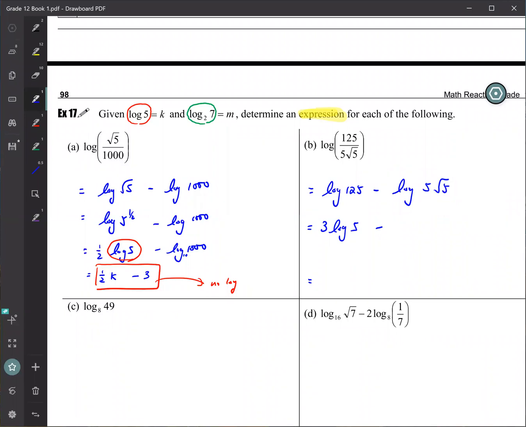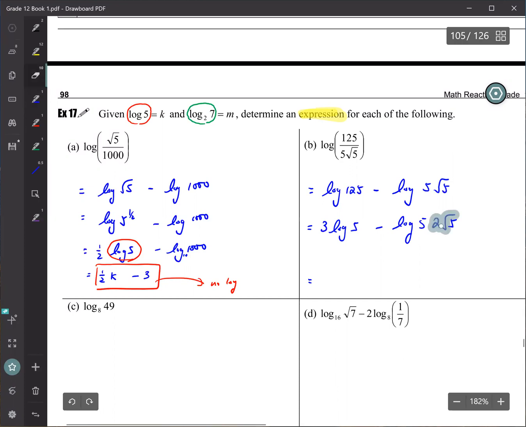Yeah, okay. And then? Log 5, and you can put square root of 5.